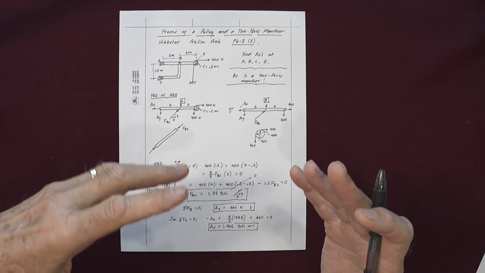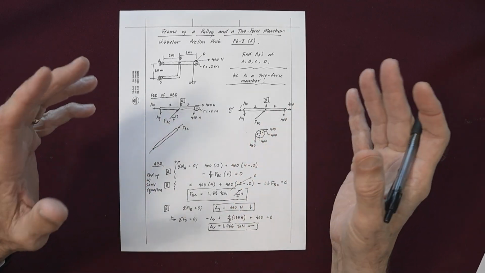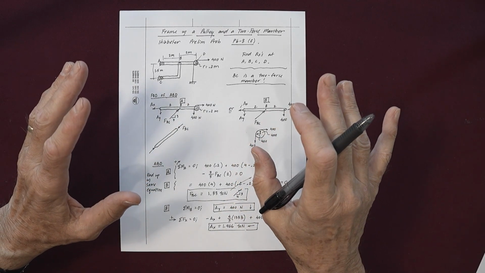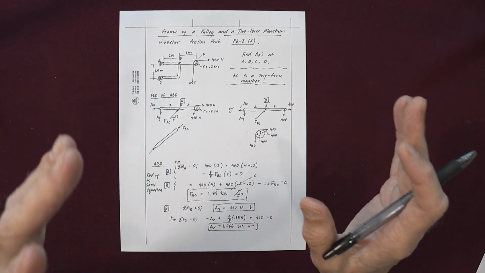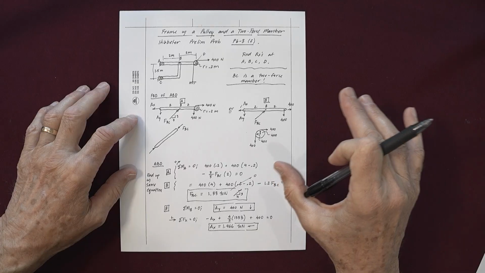But a typical 2D rigid body equilibrium problem was one member with some support reactions. A typical frame is going to have multiple members. And so that's the difference.